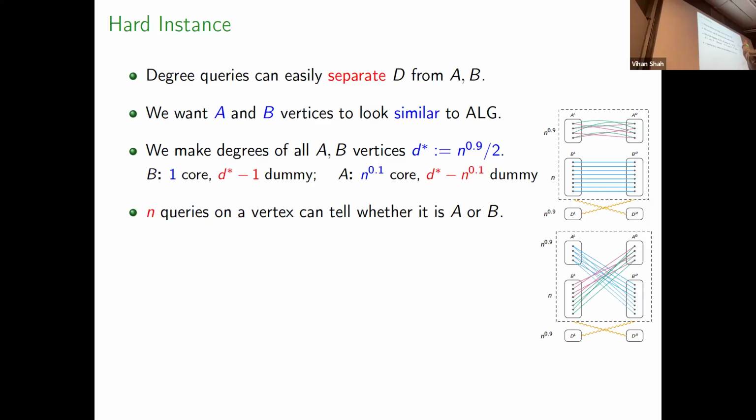Because from the first point, you can separate these out by looking at their degrees: this guy has only one low degree vertex and many high degree vertices, so it has to be in B. So just assume that after you make the queries, the adversary also tells you which vertices are in the core and which are not, which you can tell by degree. So my point is, on a vertex, if you make a lot of queries, you can actually tell whether it's A or whether it's B.